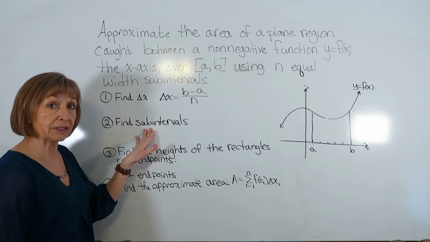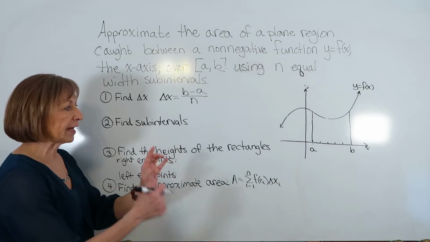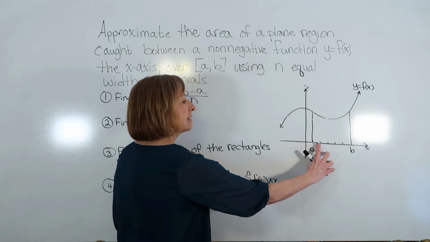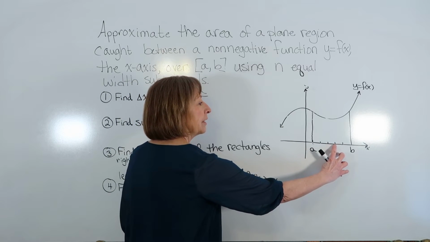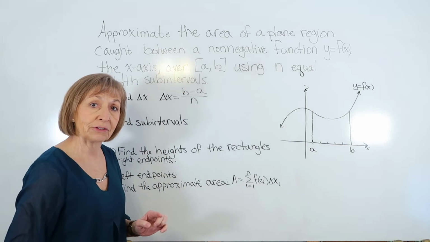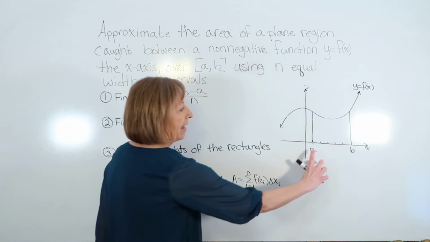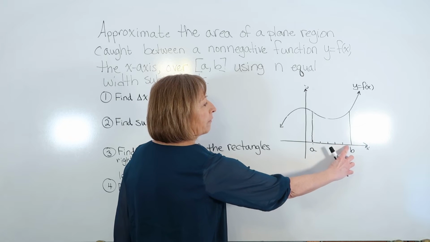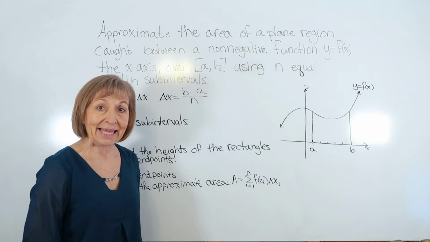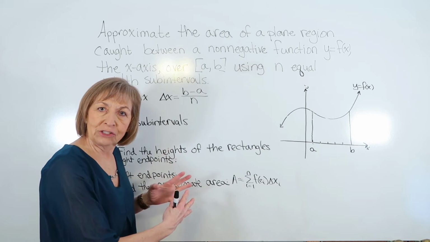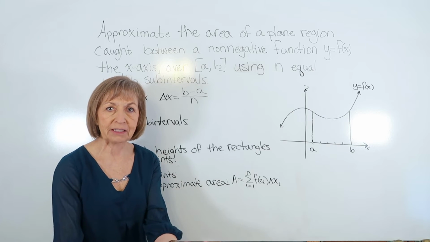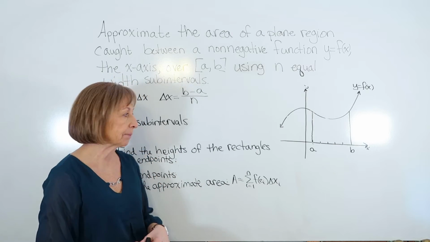Now find your subintervals. So I want to find the x values that hit right on the intervals as we go. As I've drawn that one, I have 1, 2, 3, 4, 5 for my n. I'm going to write it out here in general and then actually use specific numbers when I get to an example.